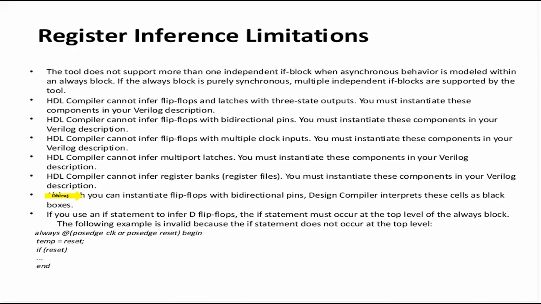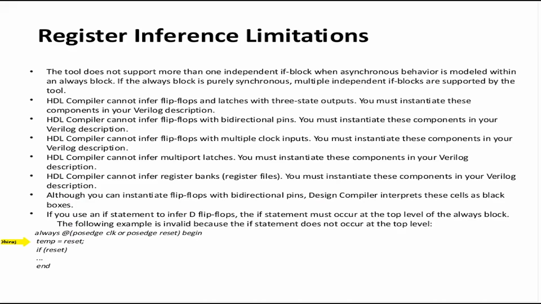Although we can instantiate a flip-flop with a bidirectional pin, Design Compiler will ignore that, treating it as a black box, meaning it doesn't know the functionality. If you use an if statement to infer a D flip-flop, this is very, very important: the if statement must occur at the top level of the always block. If you have some statement before it and you want DC to infer an asynchronous reset flip-flop, it will not do it, because the first statement is not the if statement.